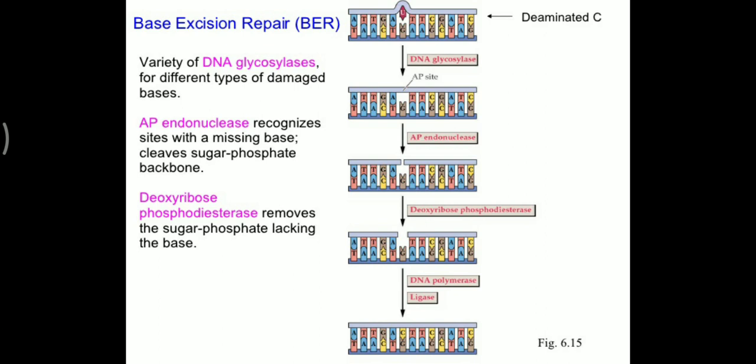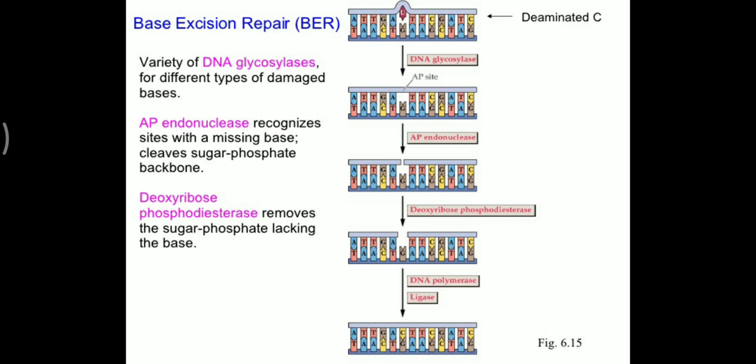So with the help of the DNA glycosylase enzyme, which is going to detect the pyrimidine site in the DNA segment, it detects the AP site at a pyrimidine site. Then AP endonuclease cuts the DNA segment where the DNA glycosylase detected the AP site.